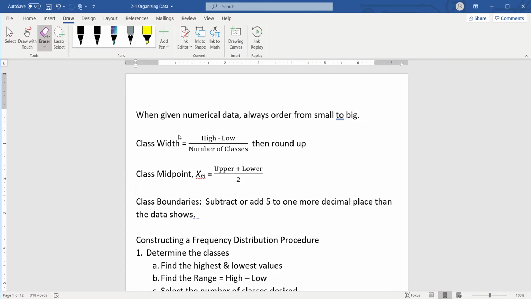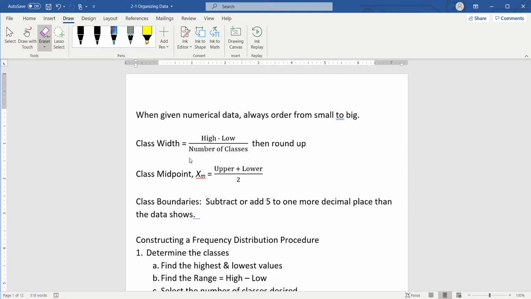The next thing you're going to need to know is called the class width. To find a class width, you will take your highest minus your low and divide that by the number of classes, then round up. Now, when I say round up, or when you read in your book to round up, that usually means round up to the next whole number.